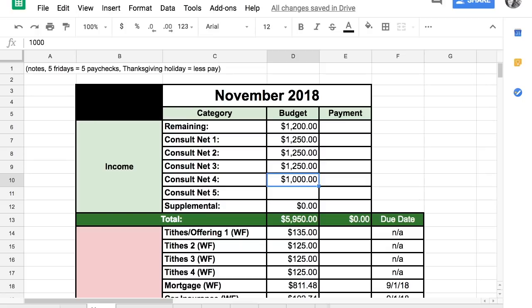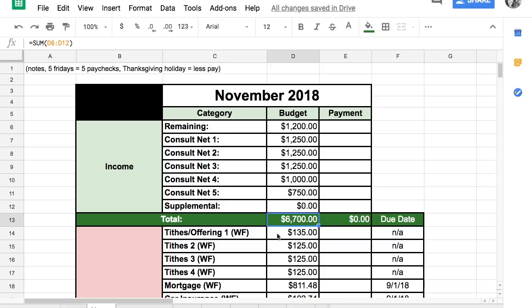And Thanksgiving will fall in that 4th week's paycheck, and he has 2 days off of that, so he will make $750 because he has Thanksgiving and the day after off.